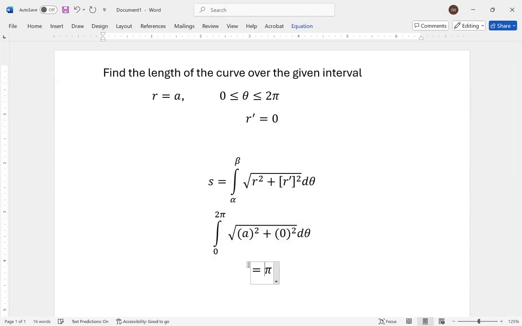And that would give you 2 times A times pi. I'm doing this in my head, but you could do it by hand. I'm skipping a few steps, but that's what's happening. So there we go. We confirm that the circumference of a circle is in fact 2 times radius times pi.